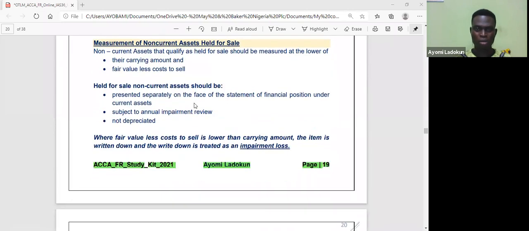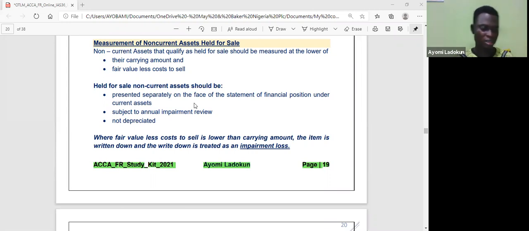Measurement. So we assume that the conditions have been met. So what will be the measurement value? How much are we now going to recognize assets held for sale at?